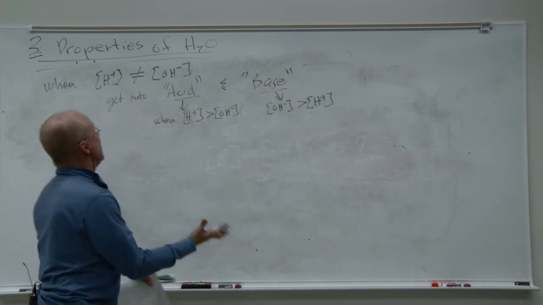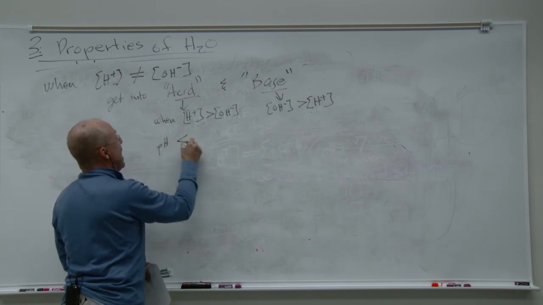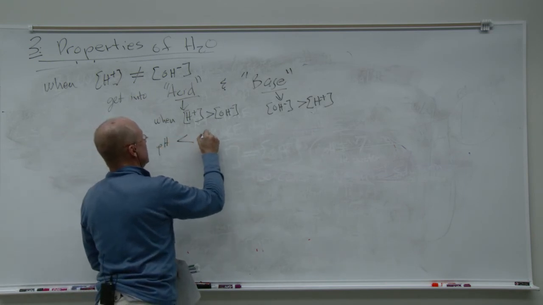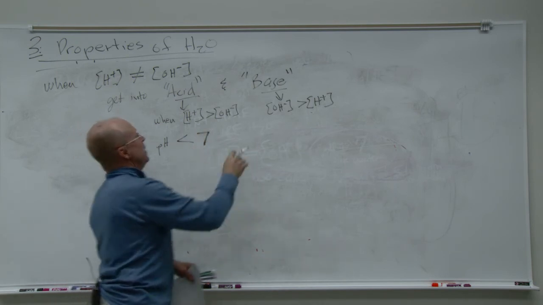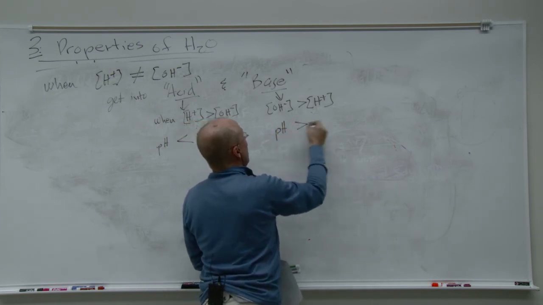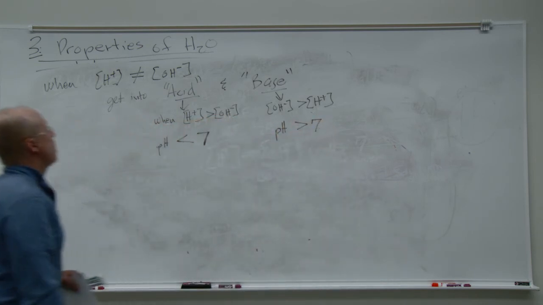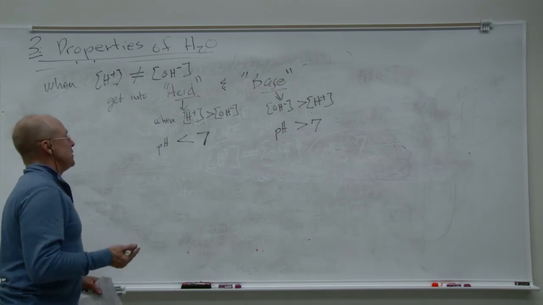When we do the pH of this, this is pH values less than 7. And then these values would be pH values greater than 7. So there's some breakdown for differences between acid and base.